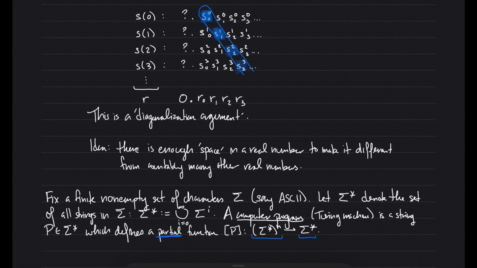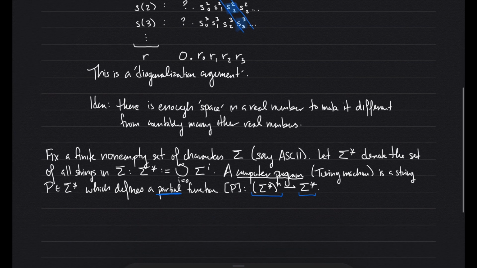Okay, so let's think about what's going on here a little bit in terms of cardinality. The first thing to say is that sigma star is countably infinite. And I won't prove this. I think that it's very instructive to think about this yourself.